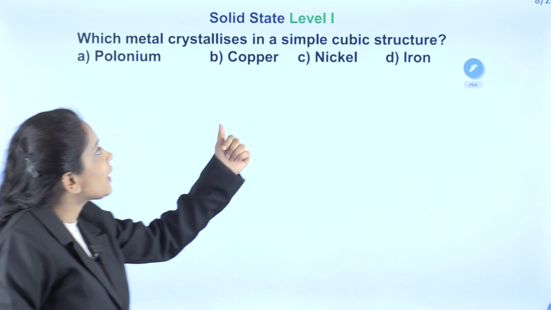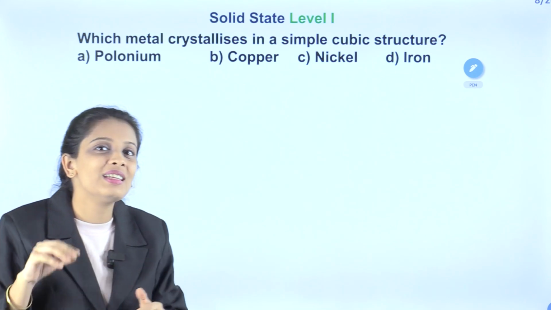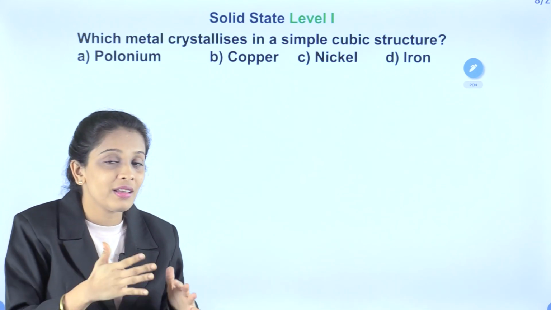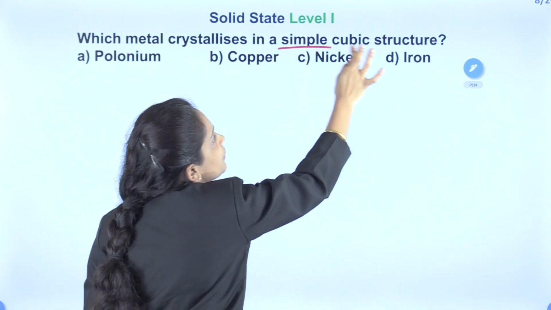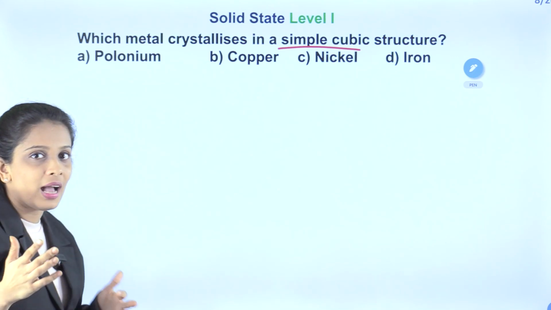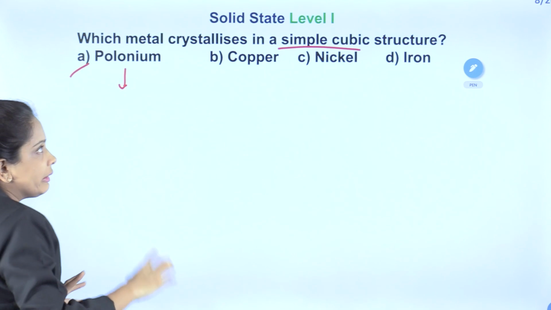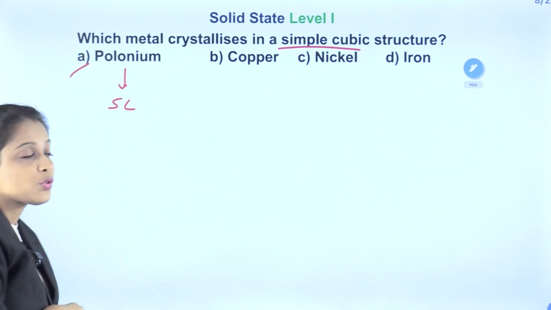Which metal crystallizes in a simple cubic structure? For that you need to remember the examples of all the cubic unit structures that we have studied till now. Over here they have asked us about the simple cubic structure. Let me give you the direct answer for it. So over here polonium shows simple cubic structure.